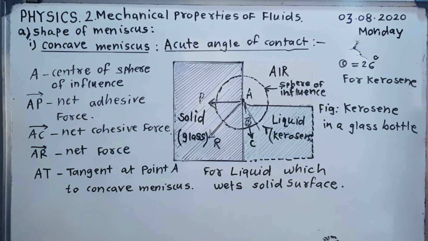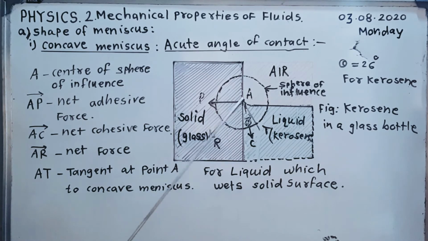Here you are observing in the figure an acute angle of contact between the liquid surface, that is kerosene, in contact with the glass bottle. Consider a molecule A as shown in the figure on the surface of the liquid near the wall of the container, and the molecule experiences both adhesive as well as cohesive forces acting on it.